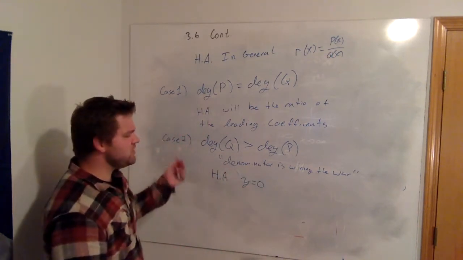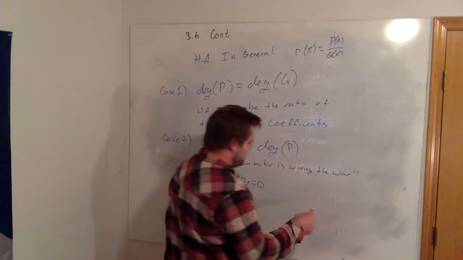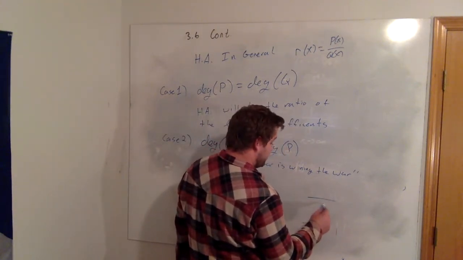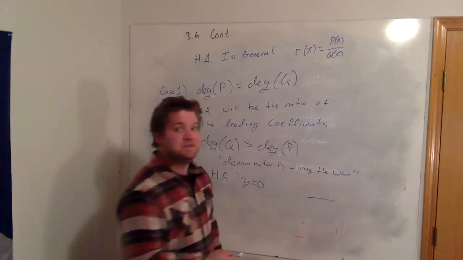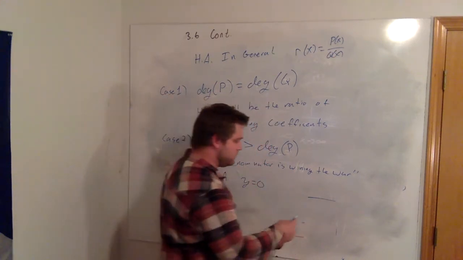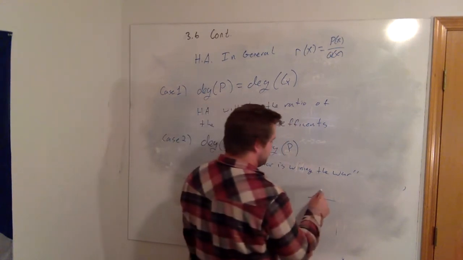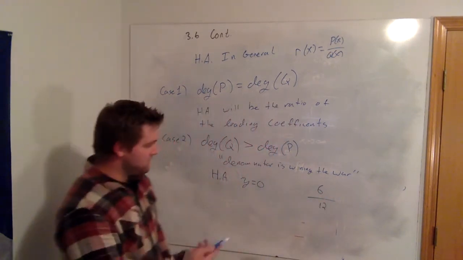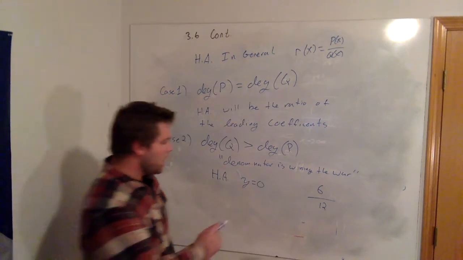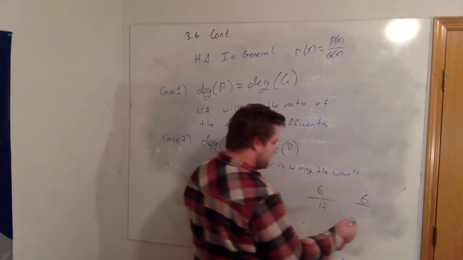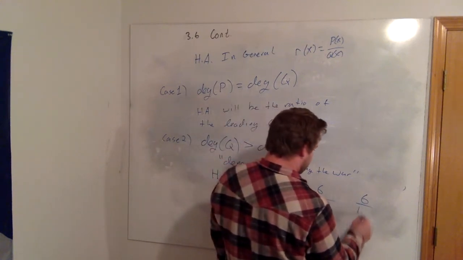The denominator is winning the war. Let's say you have pizza, and you cut the pizza into 12 slices, and then you took 6 of those slices. You're going to be happy because you have a lot of pizza here. But let's keep the 6 the same. What if you cut it into 100 slices?